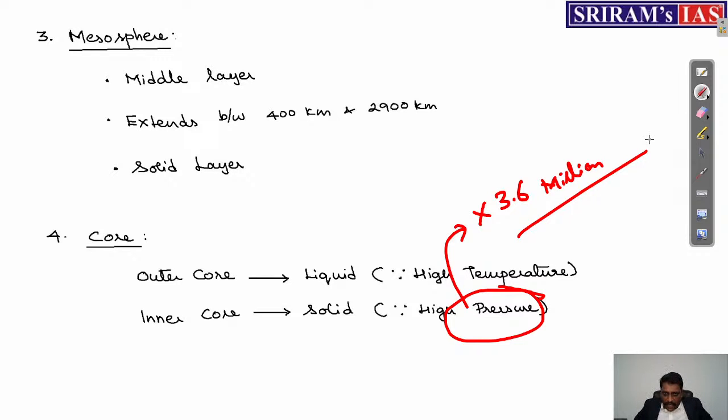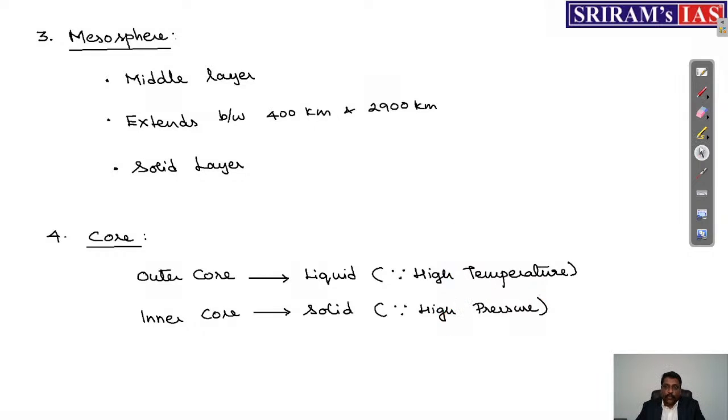The average atmospheric pressure we experience is 1013.25 millibars. It is 3.6 million times, 36 lakh times. It is more. So pressure is the one which makes this layer solid. So that is all about the internal structure of the earth, my dear friends.